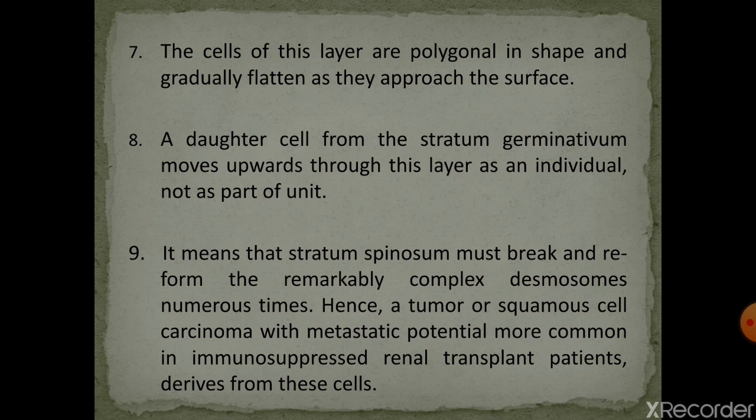It means that the stratum spinosum must break and reform the remarkably complex desmosomes numerous times. Hence, a tumor, squamous cell carcinoma, with metastatic potential, more common in immunosuppressed renal transplant patients, is derived from these cells.